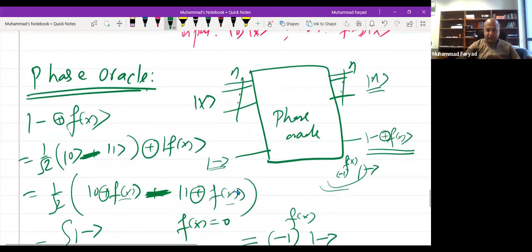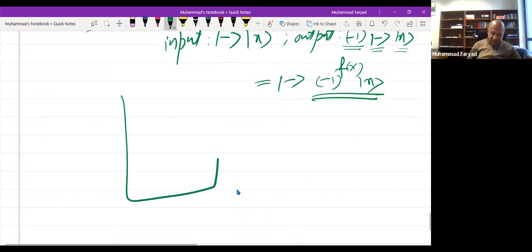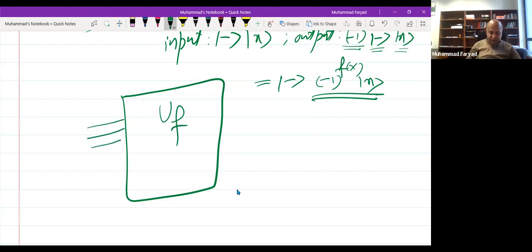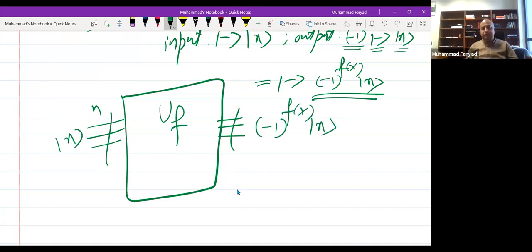So my phase oracle, which sometimes people represent with the symbol UF, takes input x, and at the output, it is minus 1 power f of x into x. And this minus 1 power f of x is nothing but giving a minus sign to certain inputs and plus sign to certain other inputs, because minus 1 power f of x is either plus or minus. If f of x is 0, it is plus. If f of x is 1, it is minus.